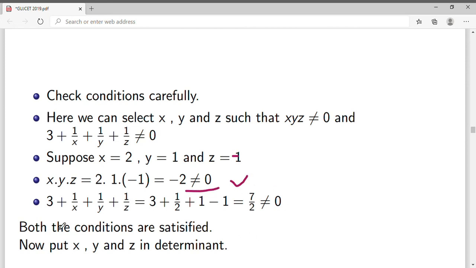Now check the second condition. 3 plus 1 upon x means 1 upon 2, plus 1 upon 1, plus 1 upon minus 1. So this becomes minus 1. 1 and minus 1 cancel out. And here 3 plus 1 by 2 is 7 by 2. So this is not equal to 0. So the second condition is also satisfied. So for my assumed values x is 2, y is 1 and z equal to minus 1, these two conditions are satisfied. Now I use these values to evaluate the determinant.